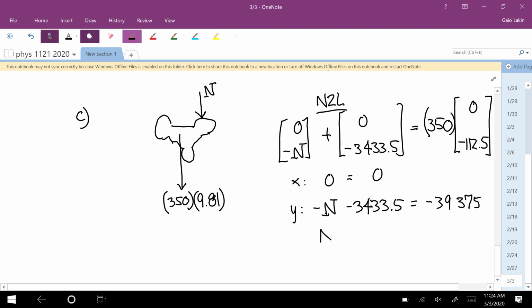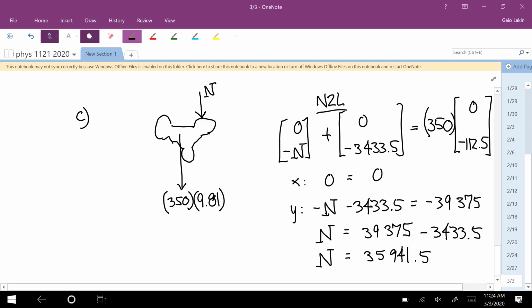And so N is equal to 39,375 minus 3433.5. So what do you get for N? 35,941.5.